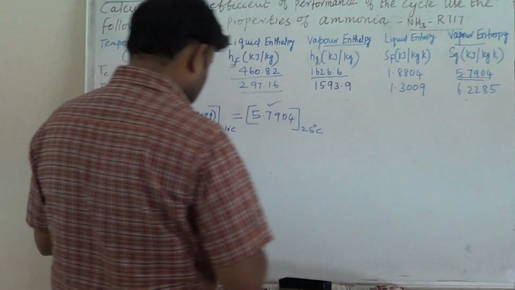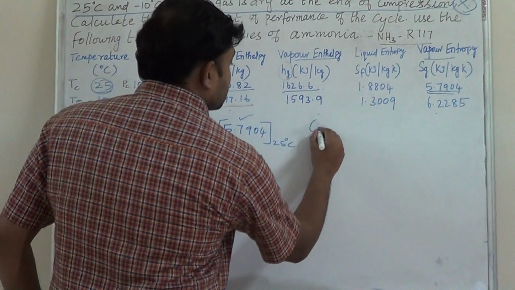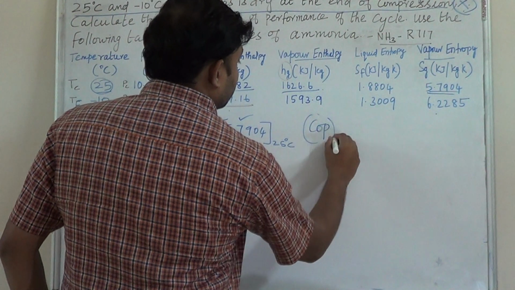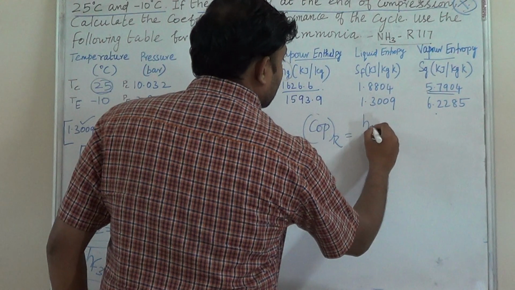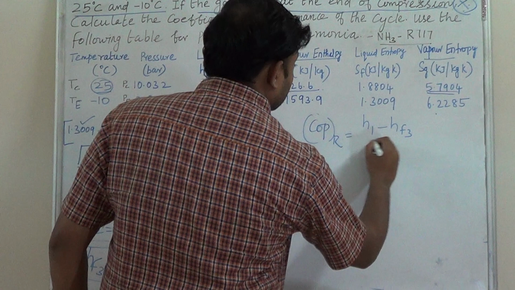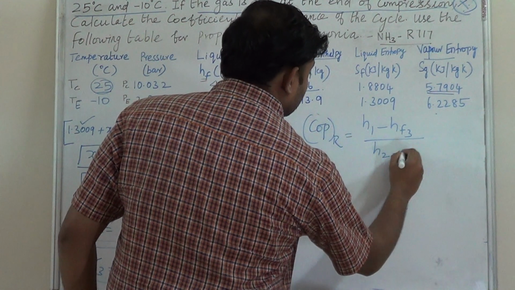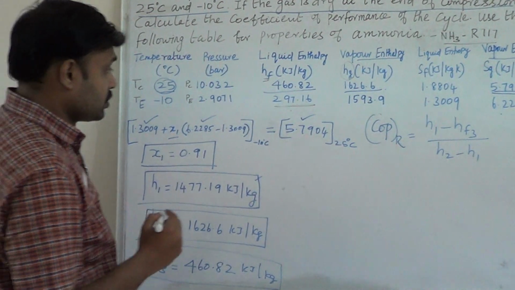So let me once again write the COP equation. The COP of the vapor compression refrigeration cycle is the refrigerating effect, H1 minus HF3, divided by H2 minus H1. So we have calculated all the values.